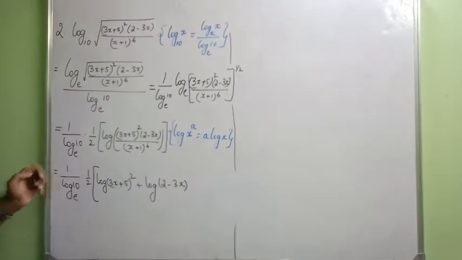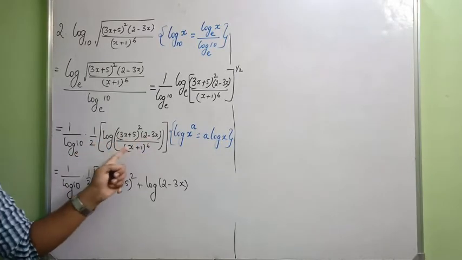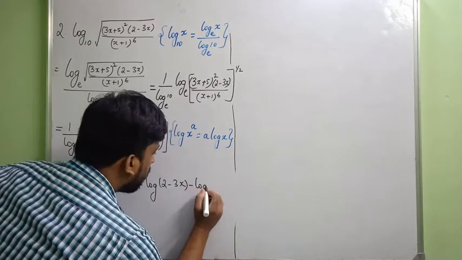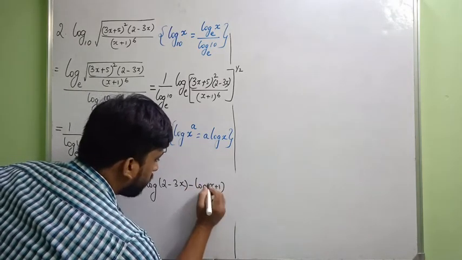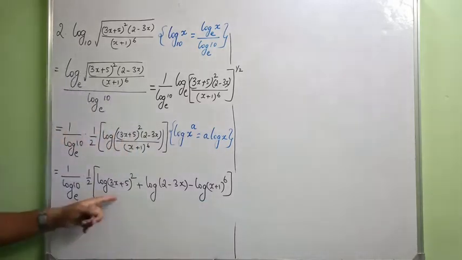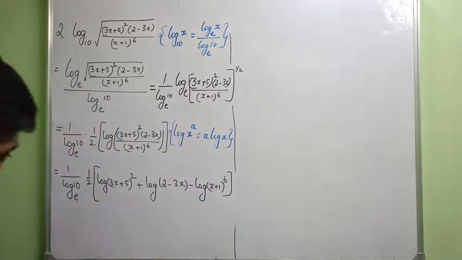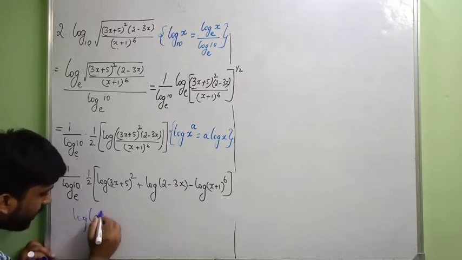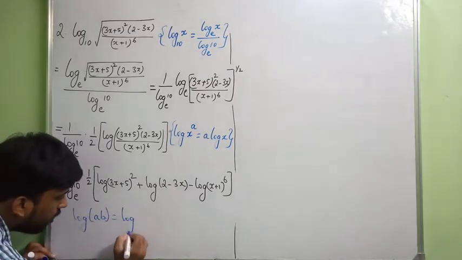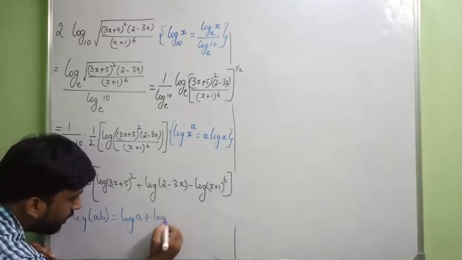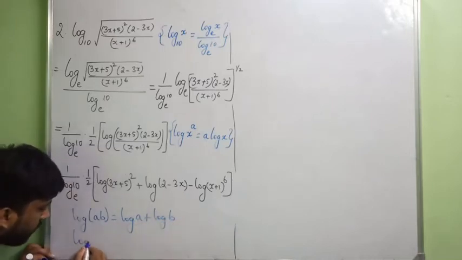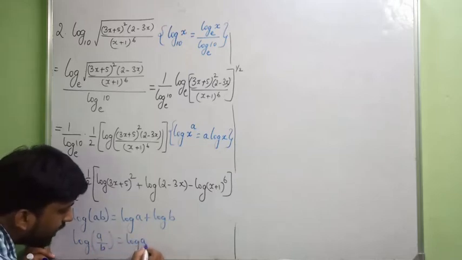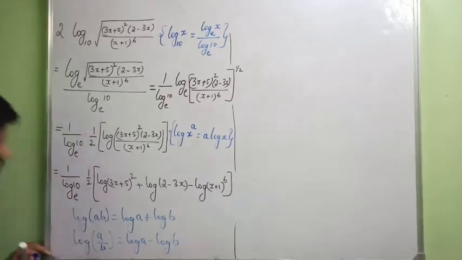I am writing here because log of A into B is log of A plus log of B, minus log of x plus 1 to the power of 6. I hope you are understanding, because here I have applied the formula, that is log of A into B is nothing but log A plus log B. Log of A by B is nothing but log A minus log B.